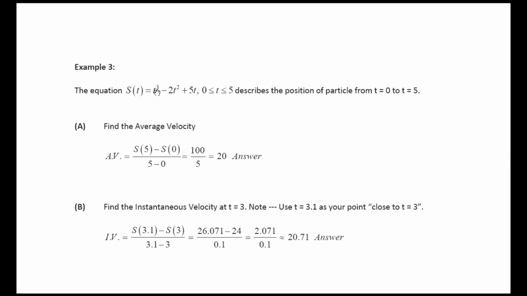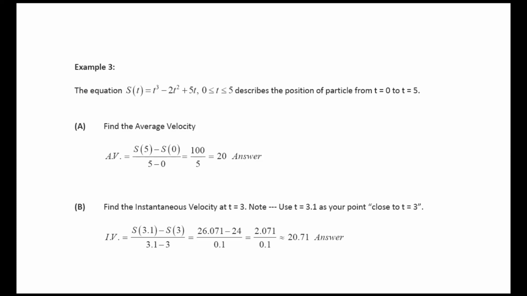We've done it for you, and that turns out to be 100 when you put in 5. And of course, when you put in 0 and do all the arithmetic, you still get 0. So this is 100 over 5 minus 0, which is 5. And so 20 is our average velocity.